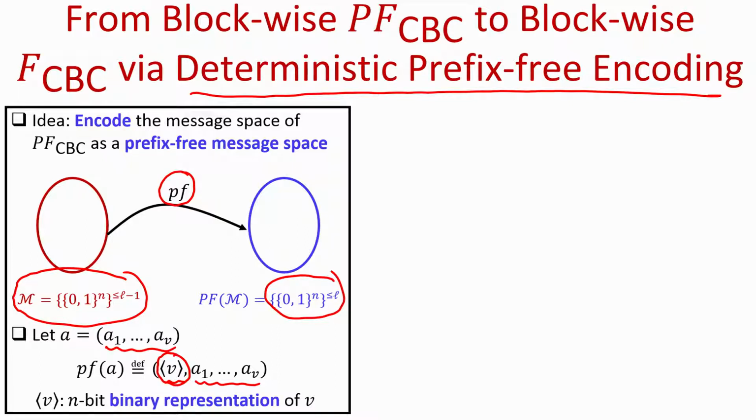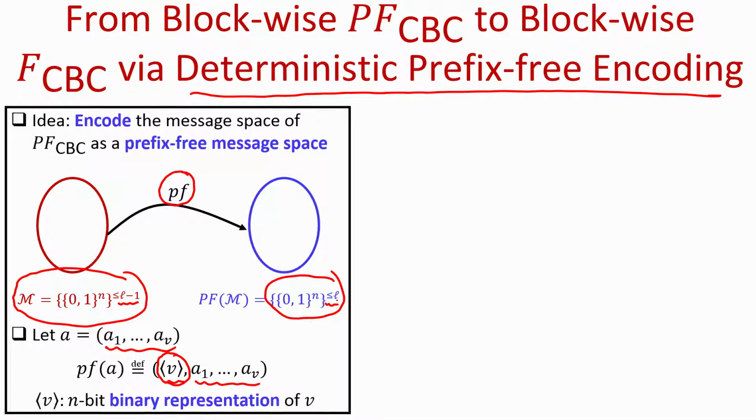That is why the input space could consist of up to L minus 1 blocks, and since we are introducing an additional block in the encoded output, the outputs can consist of up to little l blocks.